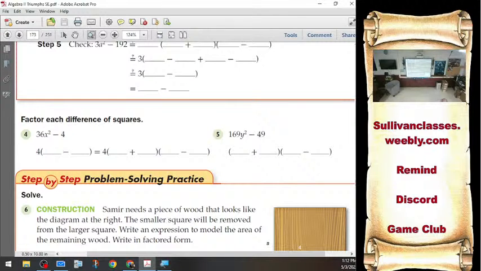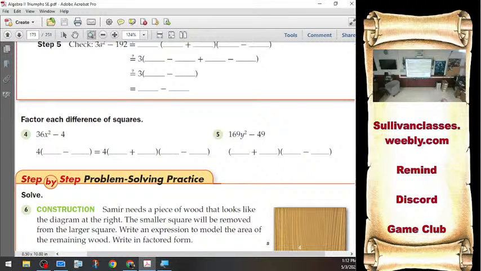Go to 36. There you go. So this is 9x squared when I take the 4 out. Divide this one by 4. It'll be 2 or 1. 1.